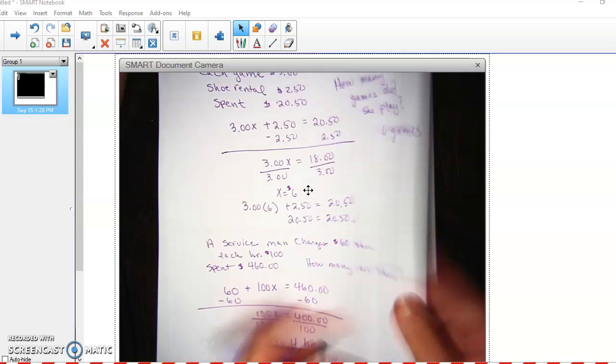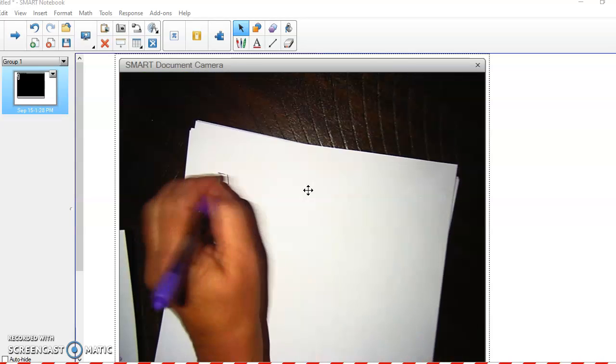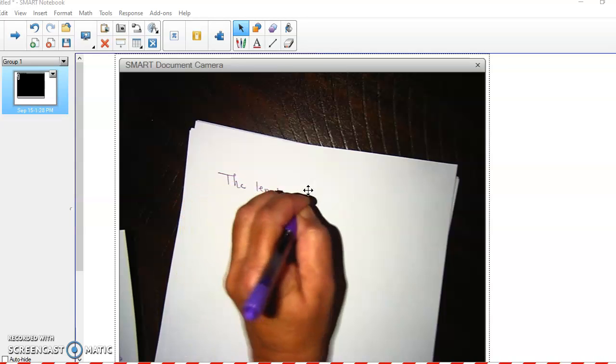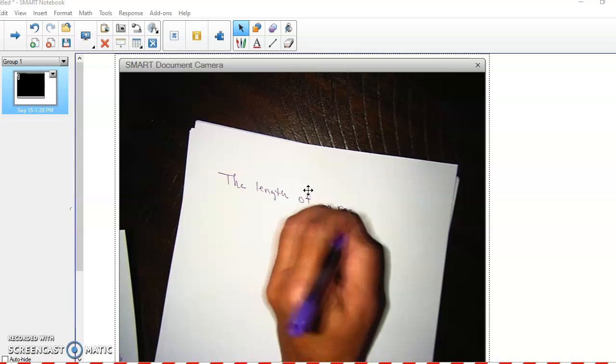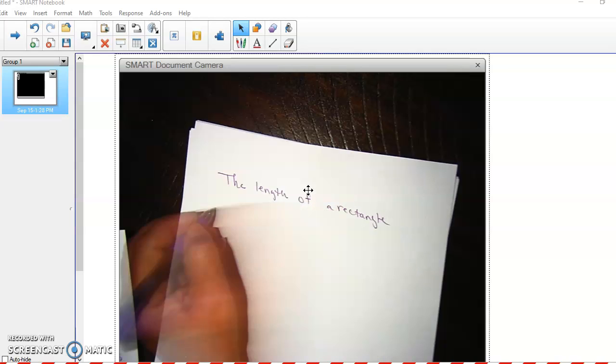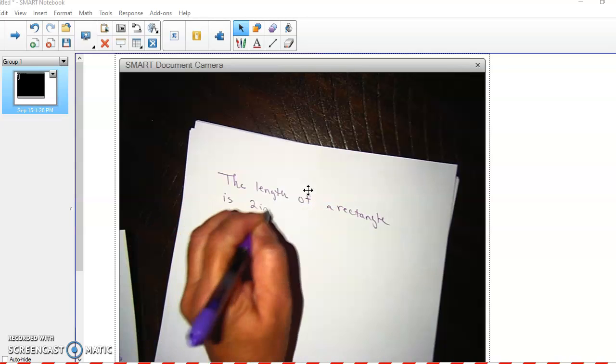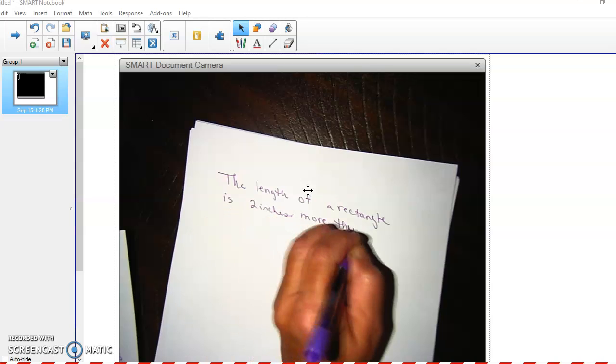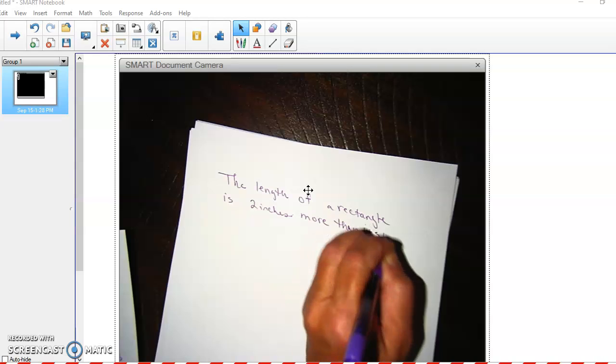Okay, now we have a couple perimeter problems. So the length of a rectangle is 2 inches more than its width.